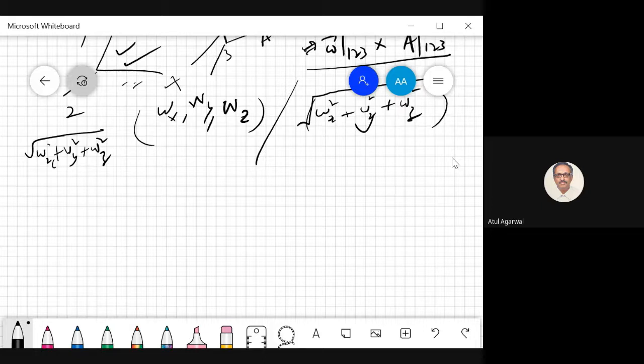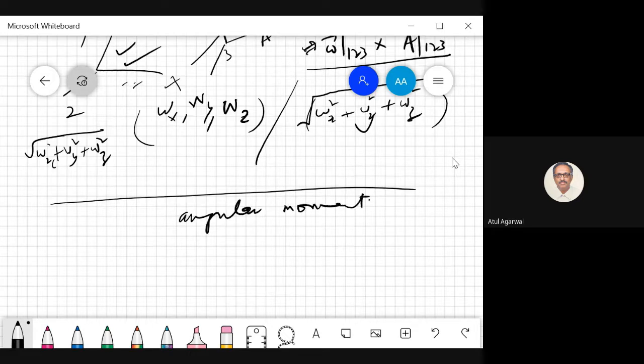Now similarly we have the angular momentum. So what we are doing is dL/dt in the 1, 2, 3 system plus omega cross L in the 1, 2, 3 system is equal to torque.